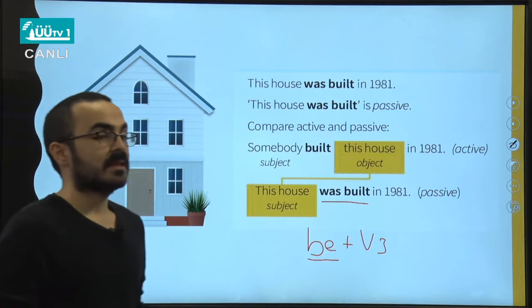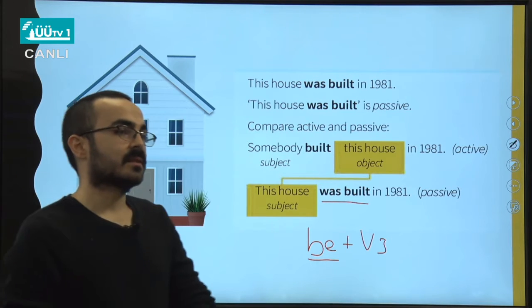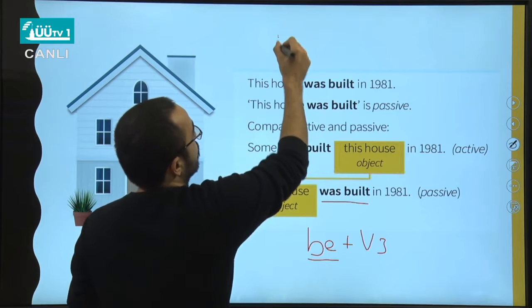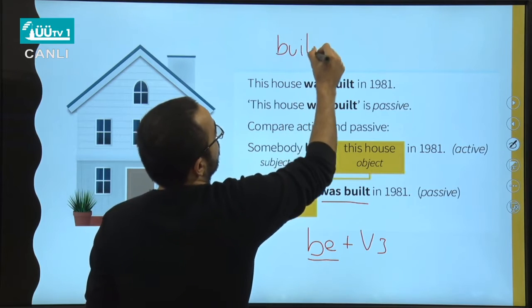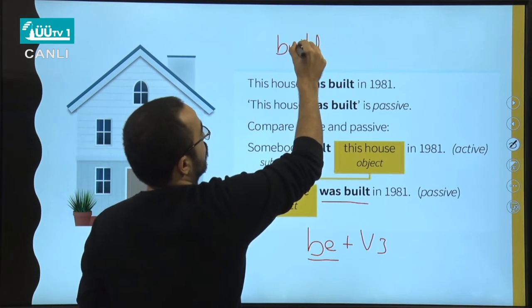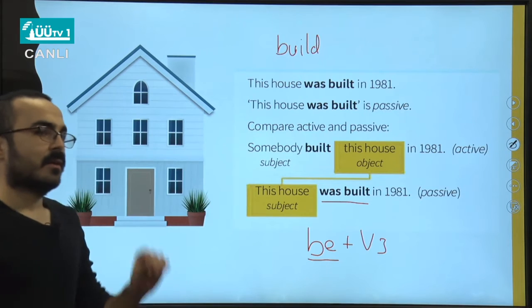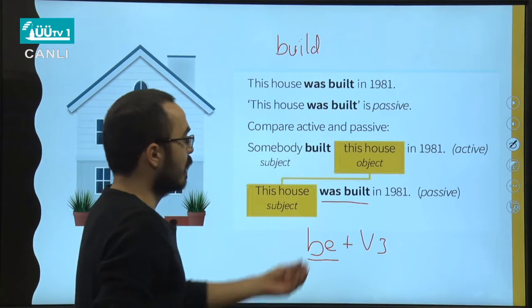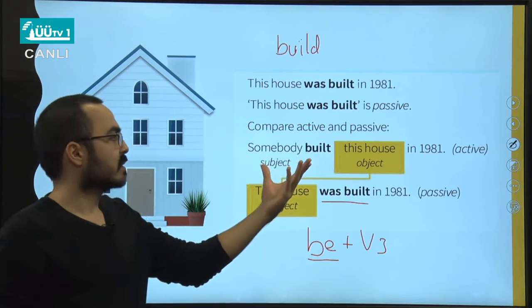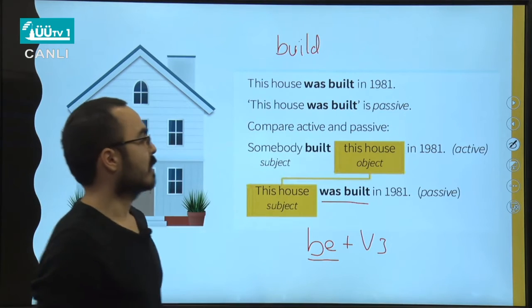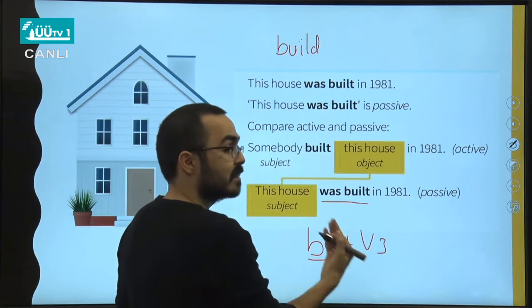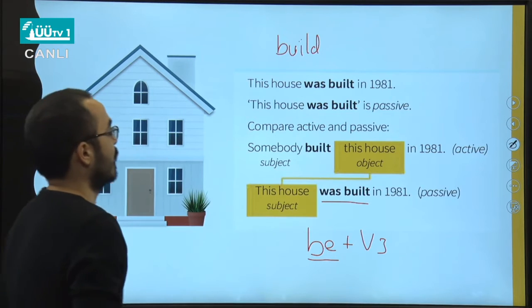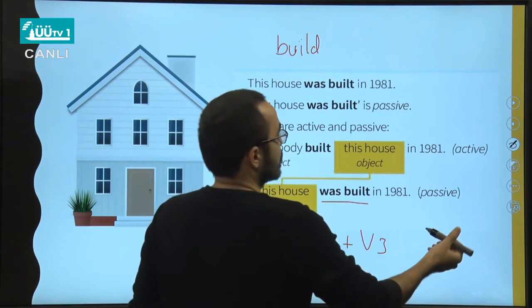In present simple tense, it's am, is, are, but again, this built comes from the word build, which is the infinitive version of this word. Build in its past version is built, right? So I need to make this be also in the past, so was built, I say. Good. Let's move on.